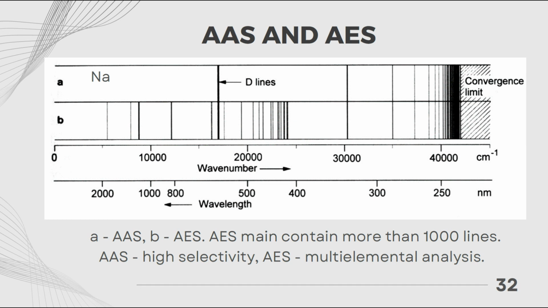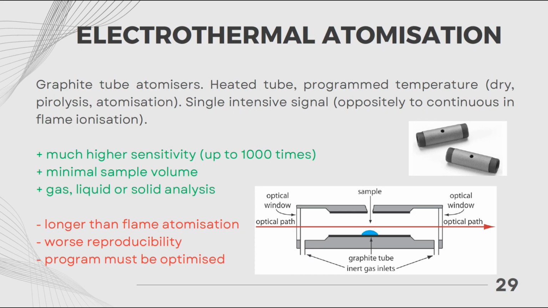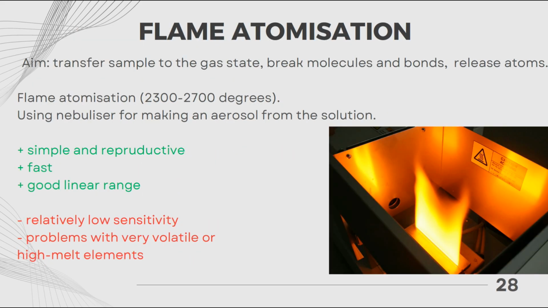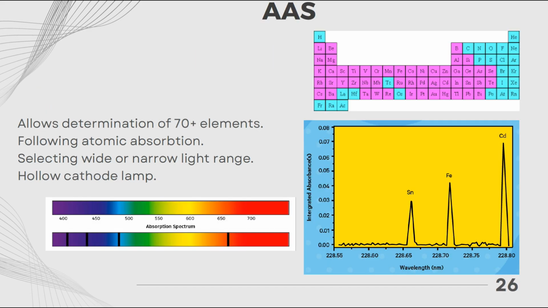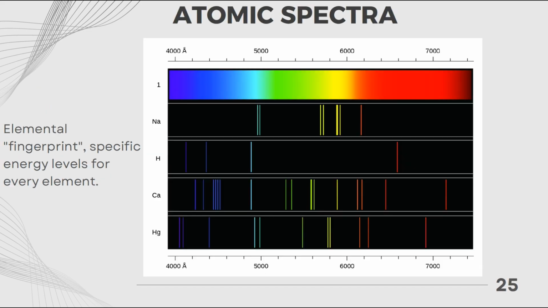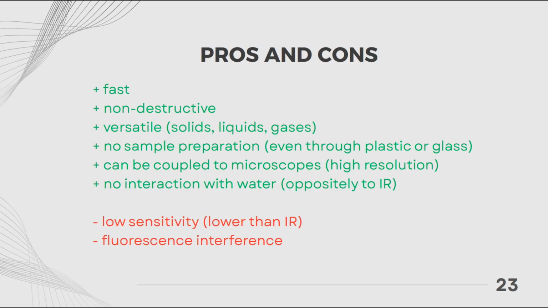So let's just remember that optical methods are based on the interaction of light with matter, with electrons, or with the nucleus, or with bonds, or with the molecule itself. We may divide analysis into molecular analysis or atomic analysis, elemental analysis, as we were talking about now.